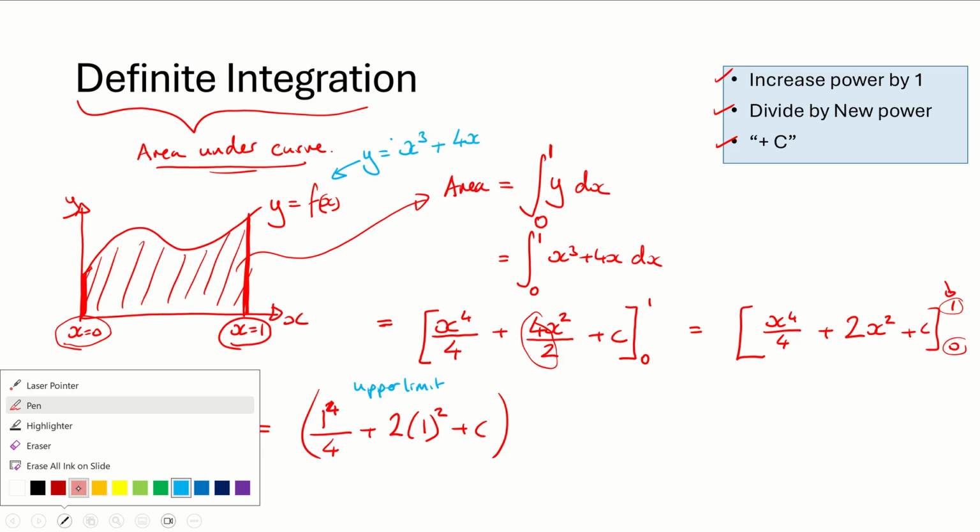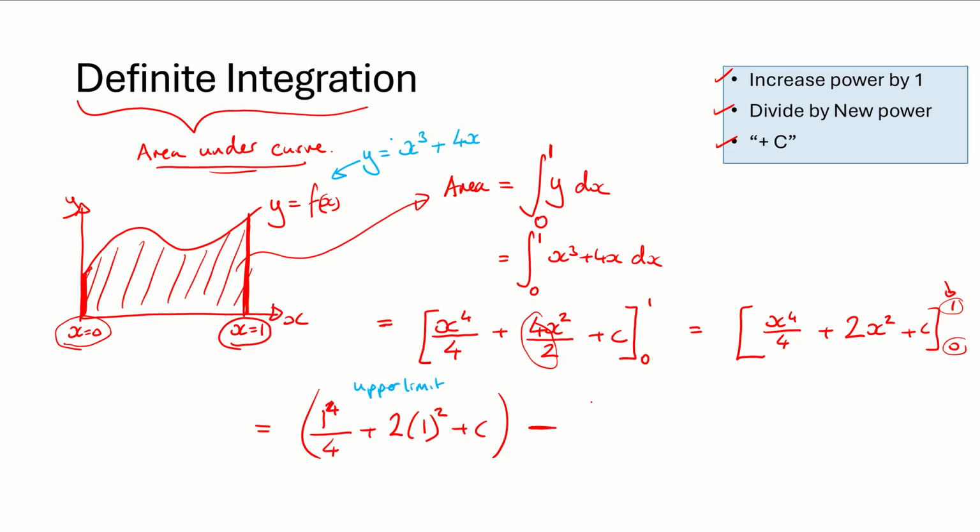And from there, what we want to do is take away, so this is minus, the same idea, but with the lower limit substituted in. So in this case, we'd have 0 to the 4 over 4 plus 2 times 0 squared plus c. So 0 to the 4 is just 0. 0 squared is 0. So that second bracket just gives me a plus c inside it.